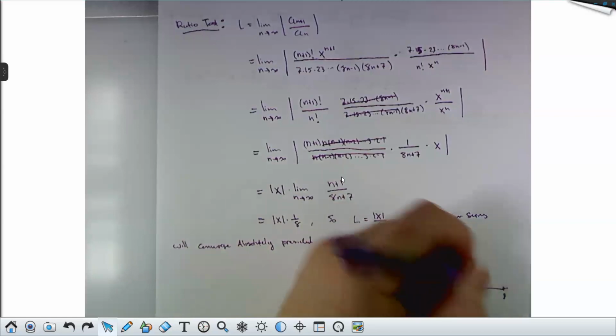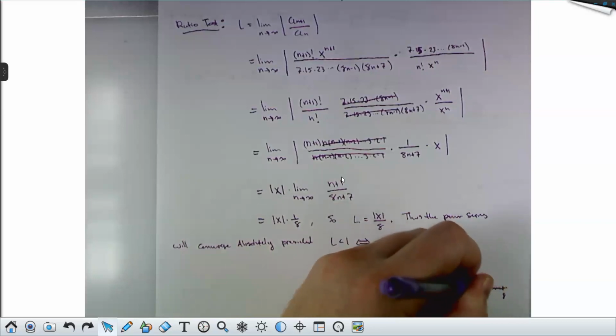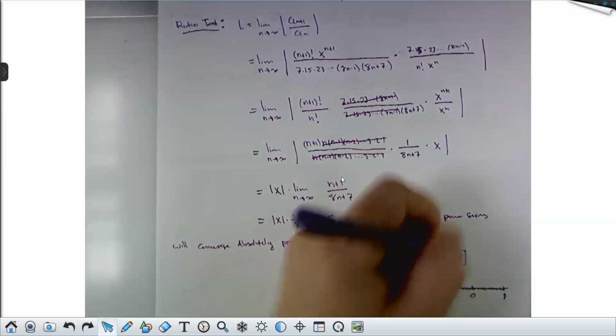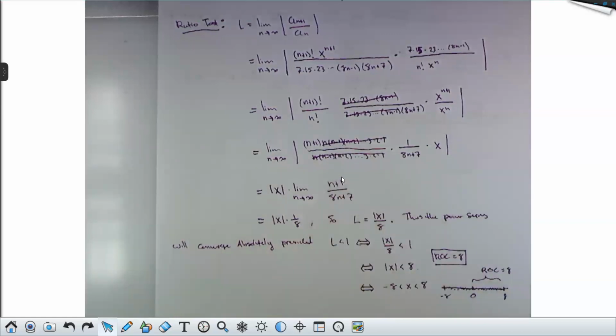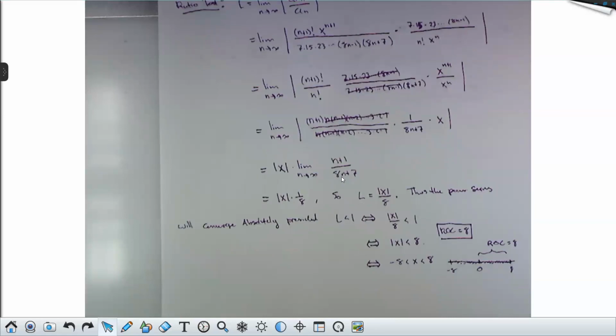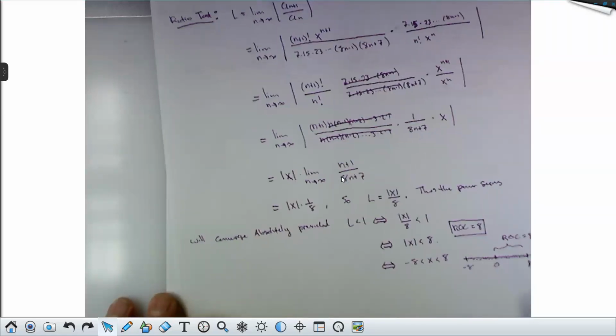If you like to sketch the interval of convergence before stating the radius of convergence, that's totally understandable. But you can verify here that your radius of convergence is 8, the distance from the center to the endpoint. We do need to check the endpoints. I'll do that on a separate sheet here.